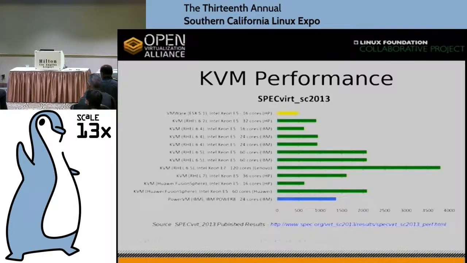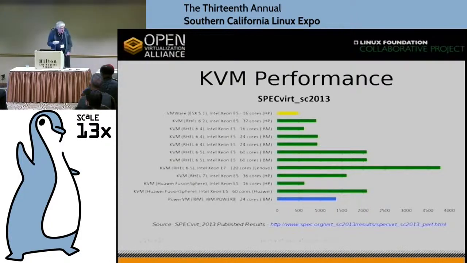The biggest one here, which has just been posted by Lenovo, is with a phenomenal E7 120 core machine, and that is by far the biggest one, but you'll see a whole spread there in terms of strong performance results for KVM.